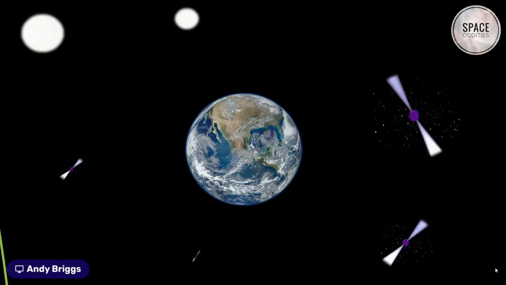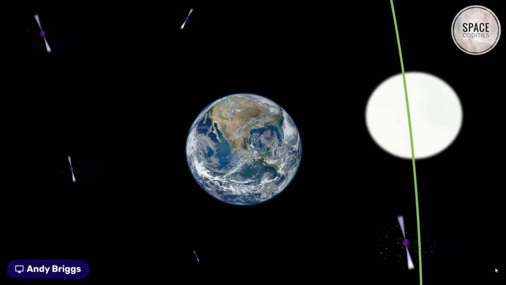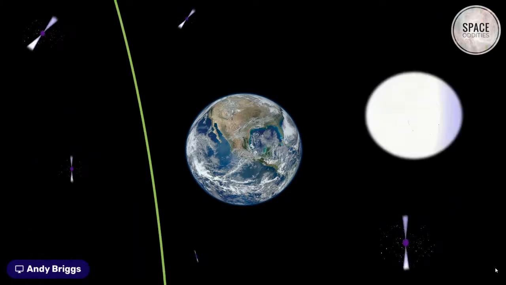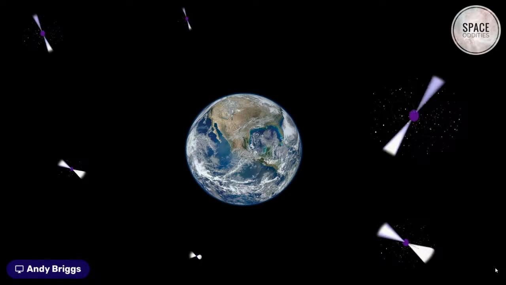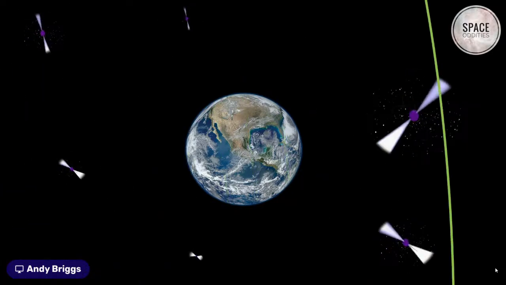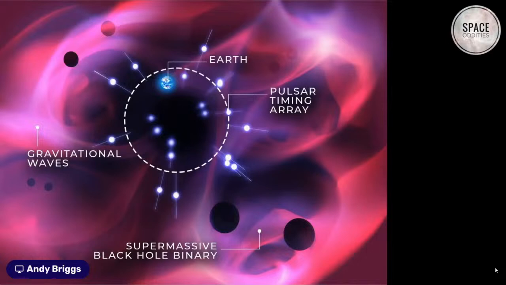By working out exactly how long these signals are advanced or delayed, you can learn something about the gravitational wave that has passed through the universe and done that. Now, look at it another way. Here we have a graphic showing the Earth surrounded by these millisecond pulsars.